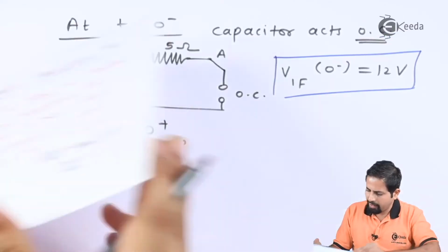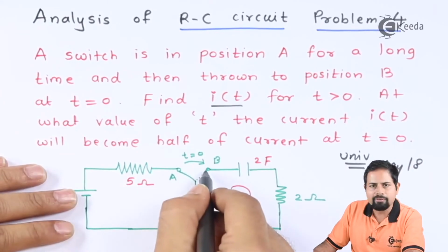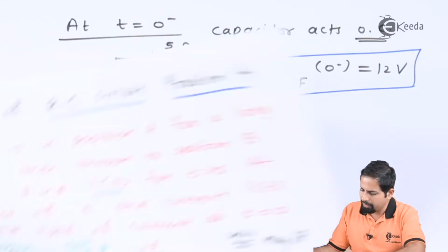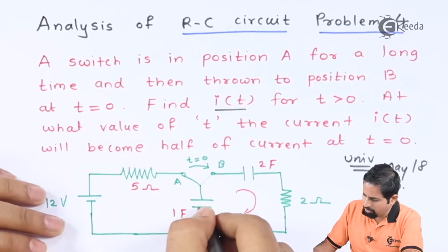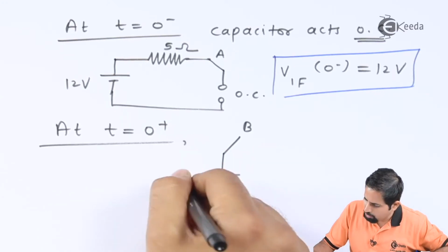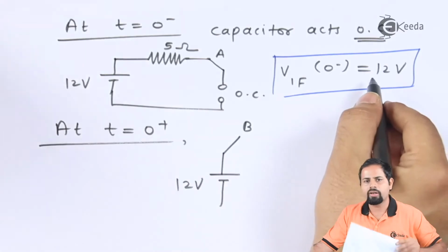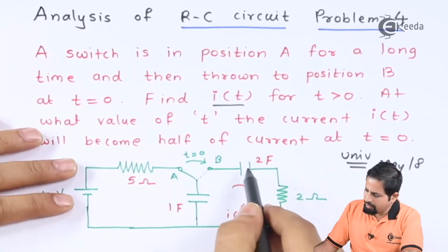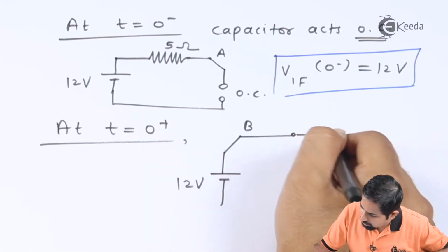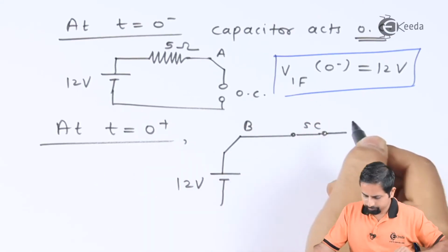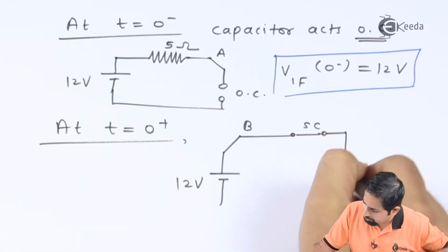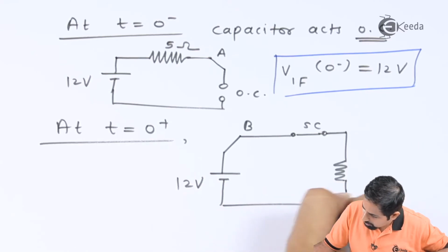So we'll draw the circuit at time t equal to 0 plus. Now my switch will be at position B. Instead of this capacitor of 1 farad, I will draw the voltage source whose value is 12 volts, because this is what it was initially. And this 2 farad capacitor will be short circuited. The resistance will be as it is, unaffected.